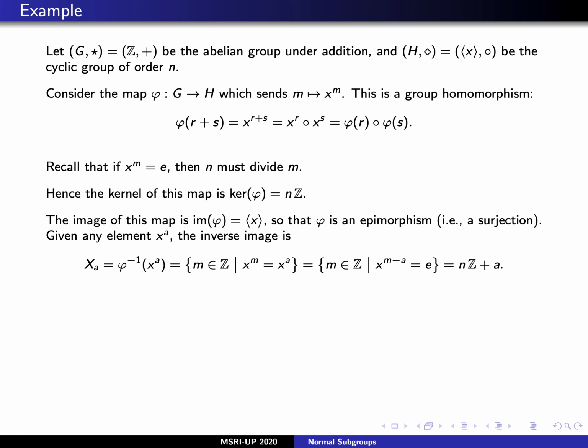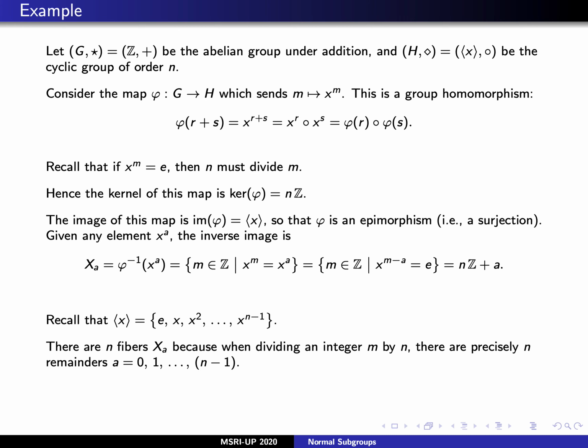Again, we want the set of integers such that phi of m equals x to the a. When we stare at this, and remember that x to any power is the identity as long as that power is divisible by our order n, we see that the fiber simply looks like multiples of n that have been shifted by a remainder a. That is, we can write it in the form nz plus a.